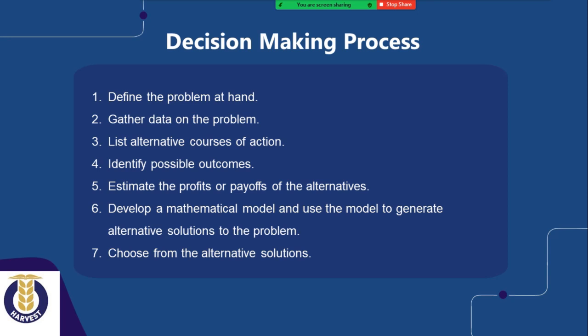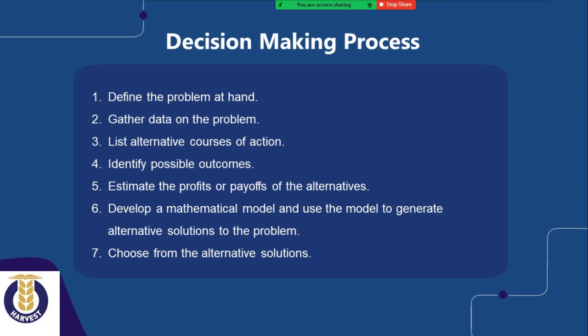Okay, here of course you're trying to have an understanding of the problem. Then what are the different courses of action? So in step number 3, you list the alternative courses of action.